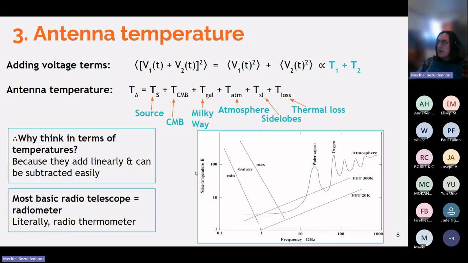So this plot at the bottom here is showing different contributions to the noise temperatures from different sources.